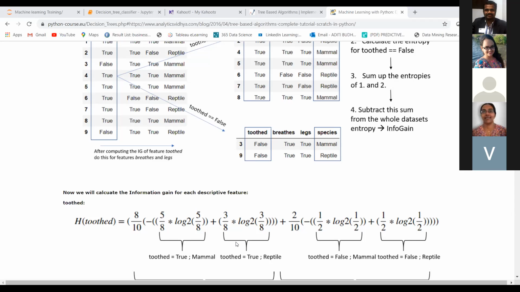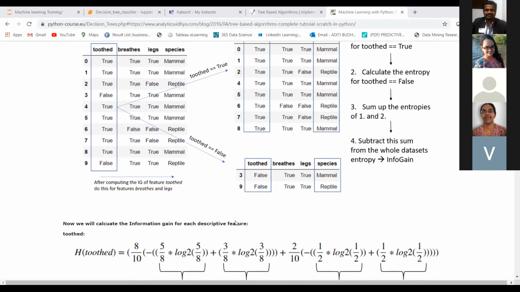And what is the other half? Out of 8, 5 are mammals, but the other 3 are reptiles. So what is the probability of that? It is 3 by 8, right? Here also you can calculate, there are 3 reptiles out of this total 8.